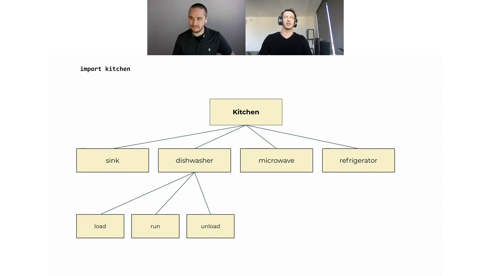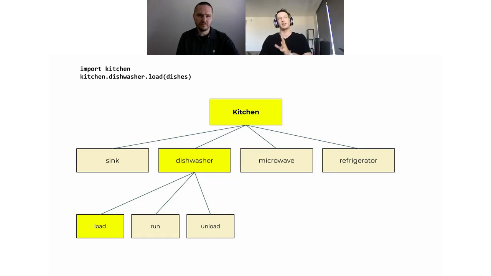I'm just importing the kitchen. Import kitchen. And now from that, I could tell kitchen.dishwasher.load_dishes. That means basically talk to the kitchen to talk to its dishwasher to tell it to load the dishes. Somebody else has figured out how loading dishes works. All I need to do is import the kitchen and then call the dishwasher to load the dishes.